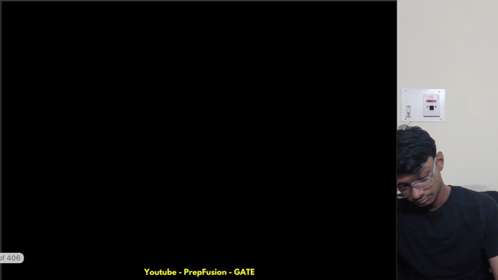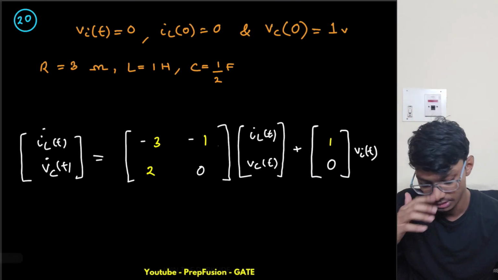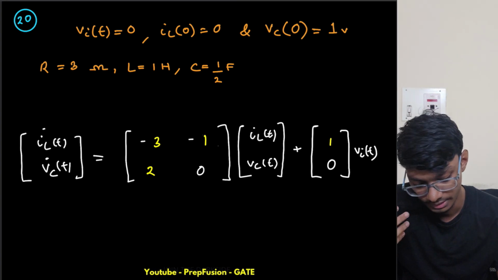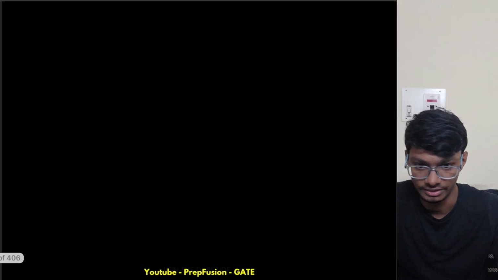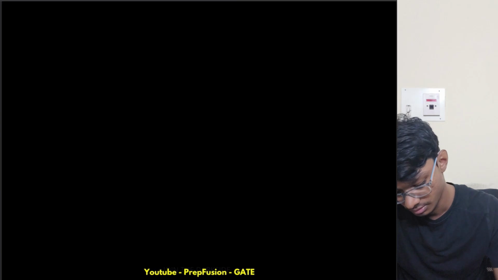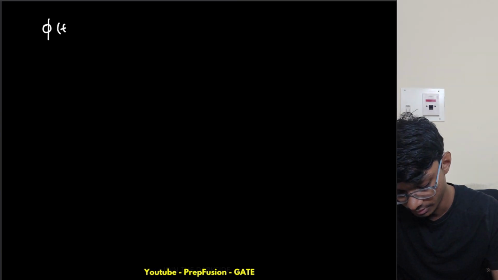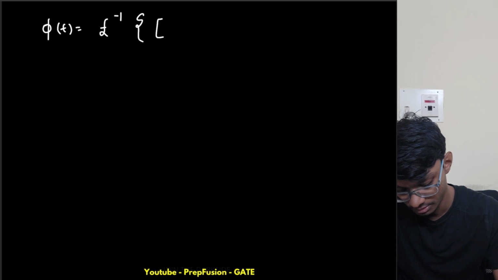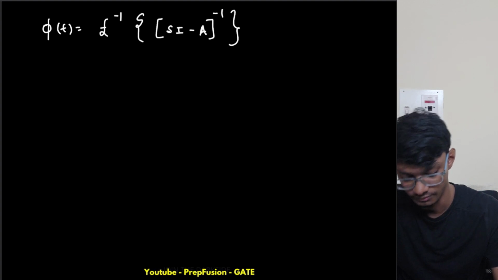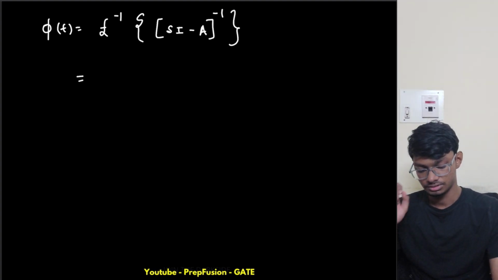So what will be my phi of t, the state transition matrix? Phi of t will simply be the Laplace inverse of this SI minus A inverse.